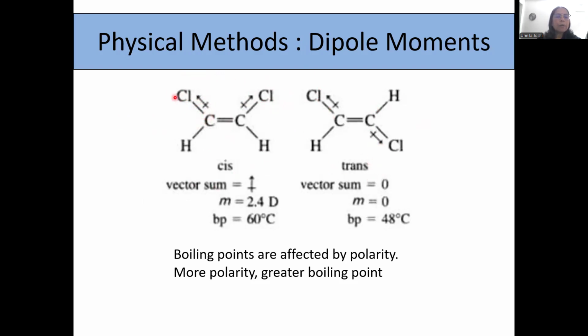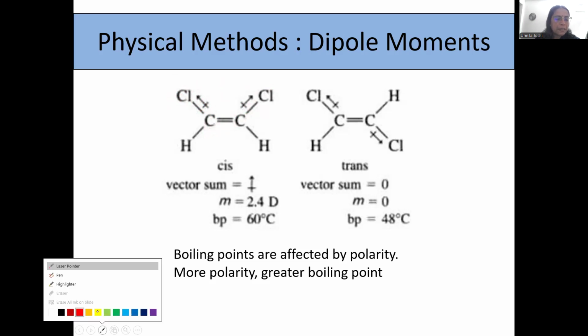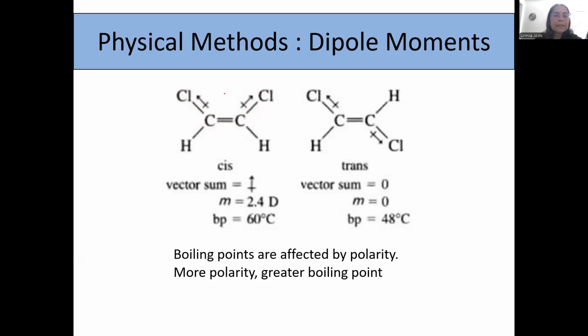Now you know carbon-chlorine bond is a polarized bond. Chlorine, being more electronegative, takes the electron pair towards itself, so this creates a dipole. And the net dipole moment vector for a cis isomer is in this direction, the vector addition of these two.